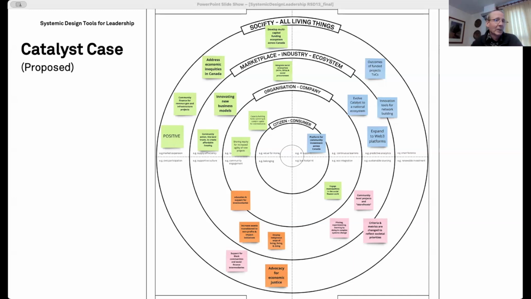And then there's capacity building within Catalyst as an organization. So this is still in the upper left.